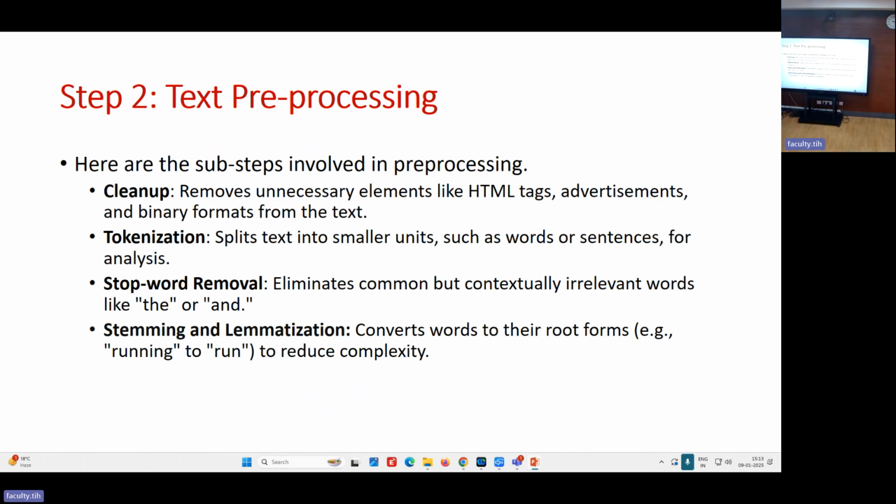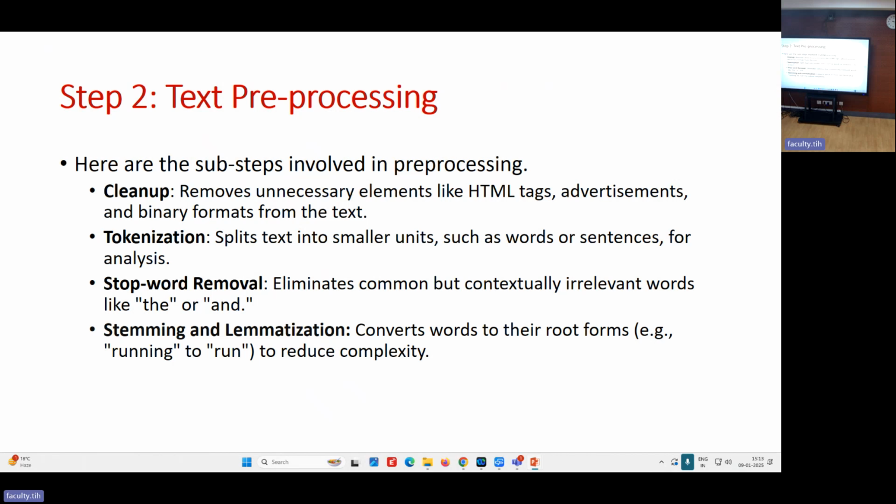Then tokenization. Since we are talking about text data, in that context tokenization is necessary to recognize every unit of a particular text. Whether you are identifying your text in the form of sentence units, or word units, or phrase units, right?